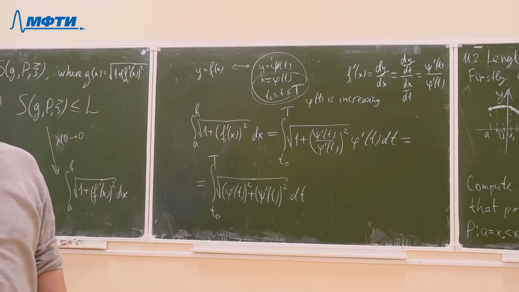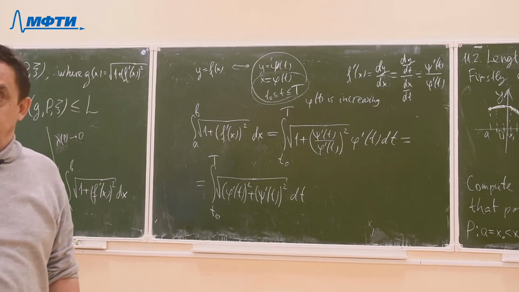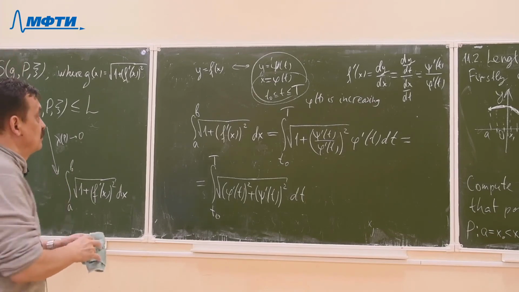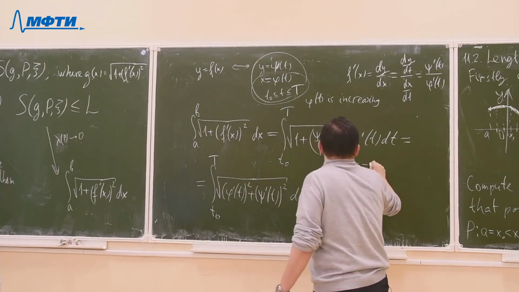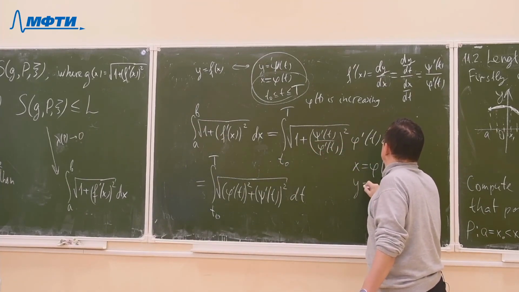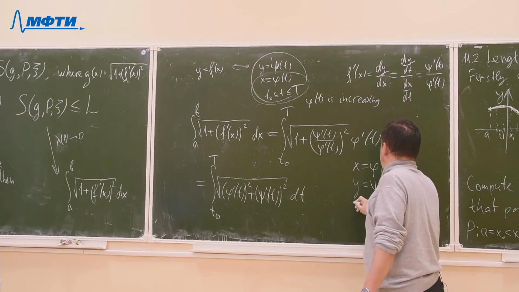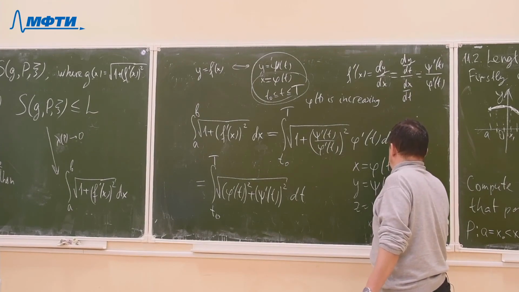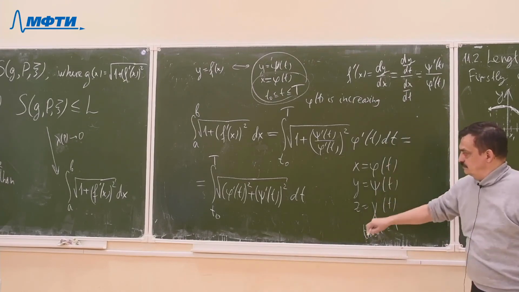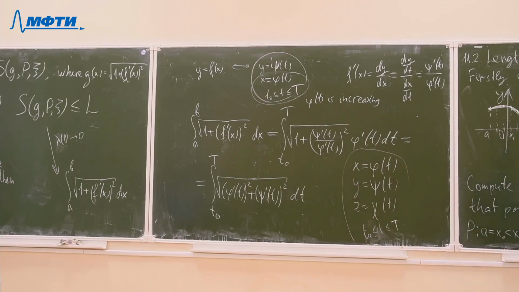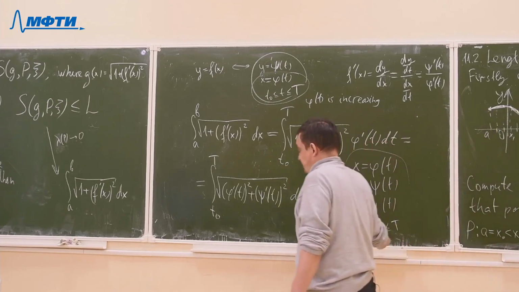And without proof, because I don't want even to go to R3, but if we have a curve in R3, then what happens? For example, you look at the trajectory of a point, how it moves in space.